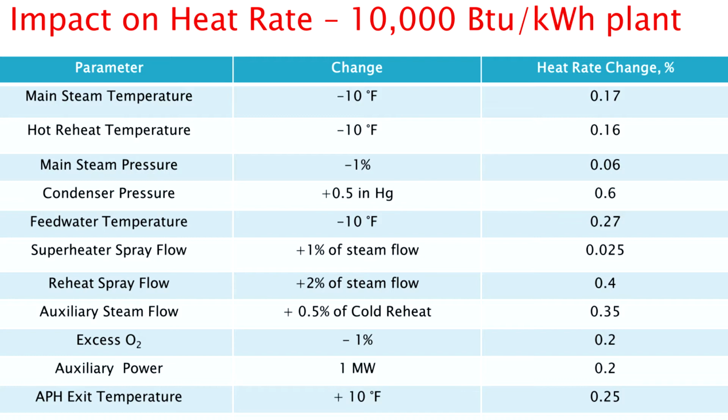When you add all these things up, you're about 2.5% losses. So there is room for improvement, and as I continue on, you'll see some other areas that have an impact on the heat rate.